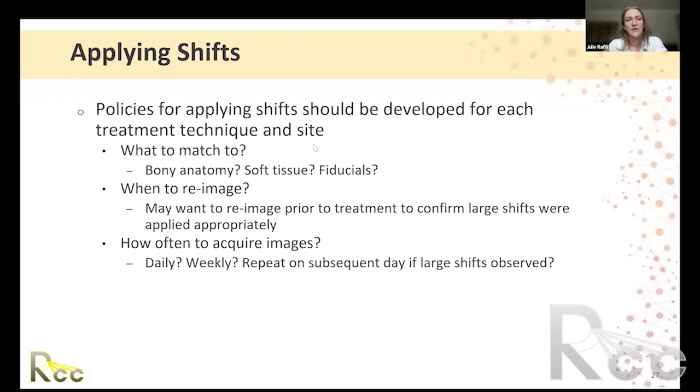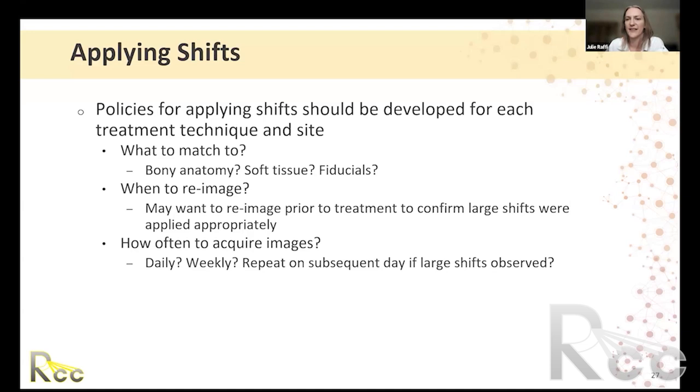Policies for applying shifts should be developed for each treatment technique and site. You might have different goals for different treatment sites, knowing what you want to match to. These orders come from the physician deciding if you want to match to bony anatomy, soft tissue, or fiducials if the patient has some sort of internal marker, and then knowing when you're required to re-image. At my site, we have rules for when we need to re-image prior to treatment.